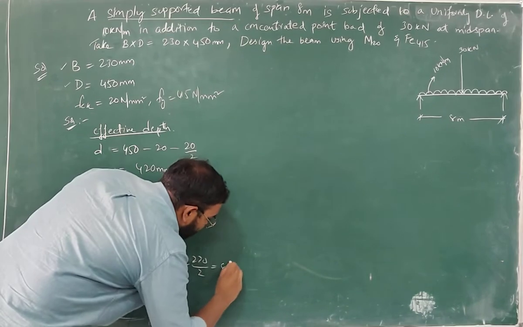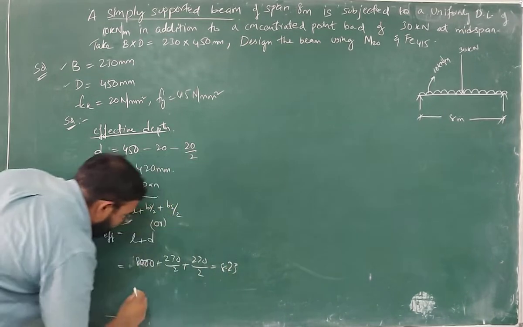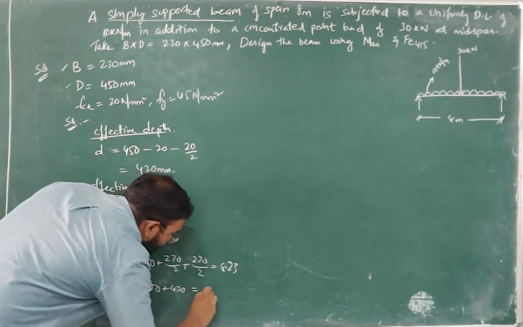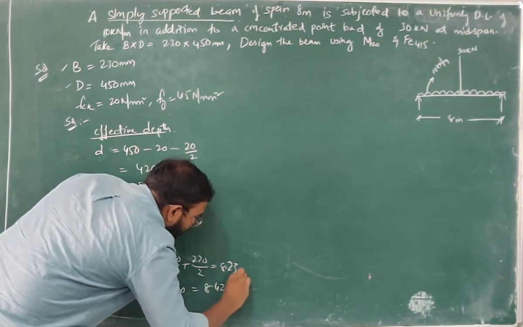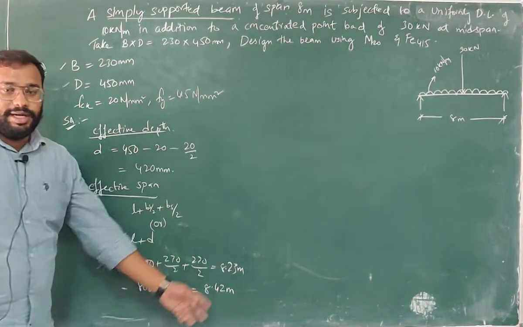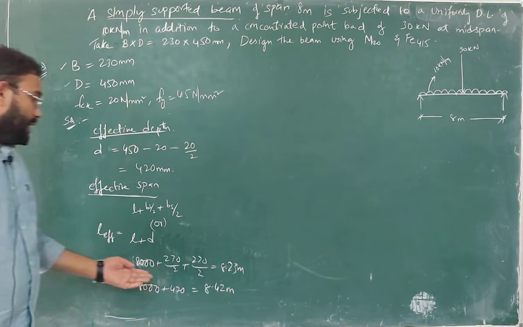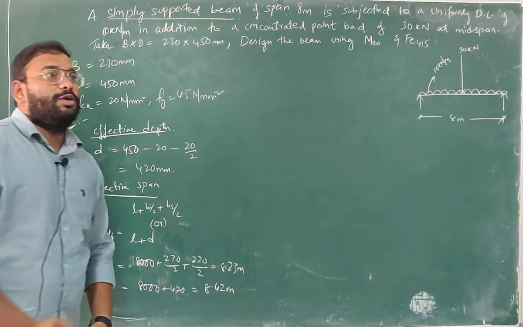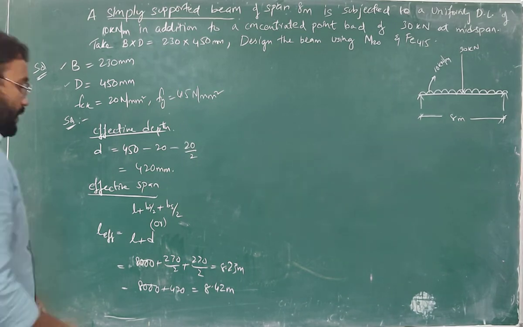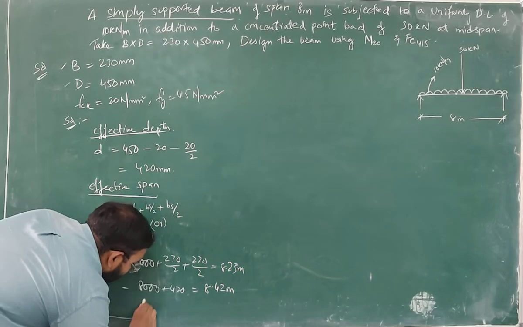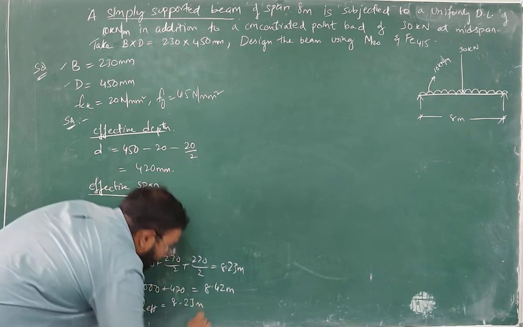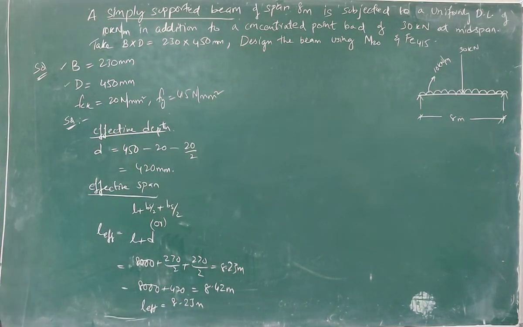This is equal to 8.23. Next is 8000 plus 420, which is equal to 8.42 meter. I am substituting all in millimeters here and answer will be in meters. Or else you can write 8230 millimeters, which is equal to 8.23 meters, and 8420 millimeters is equal to 8.42 meters. So what is L effective? 8.23 meters, the least value.